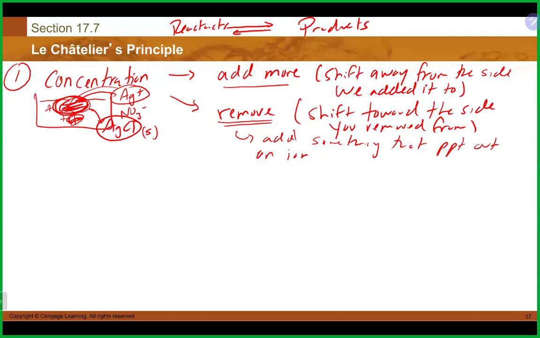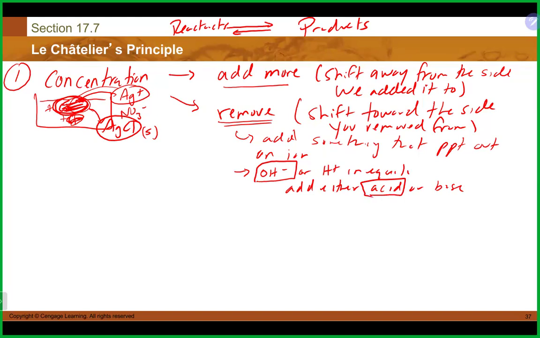The other thing that you could do, especially if you have hydroxide in your equilibrium, or you have H plus in the equilibrium, is add, depending on what you have there, an acid or a base. So, for example, if you have hydroxide in your equilibrium and you add an acid, which is basically H plus, and hydroxide is OH minus, those two will come together to make water.